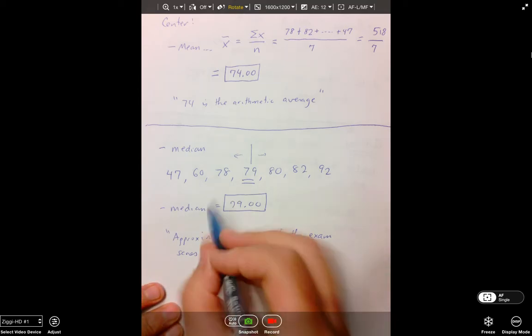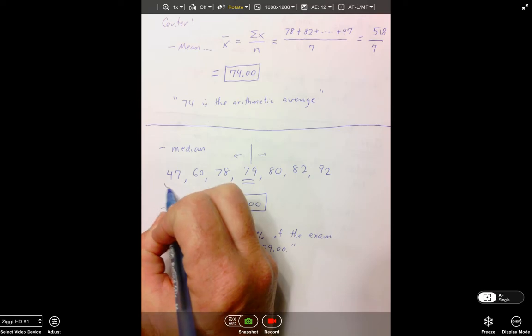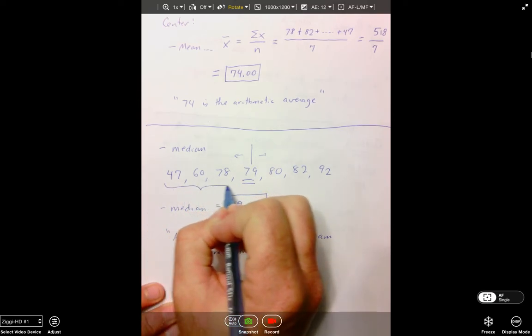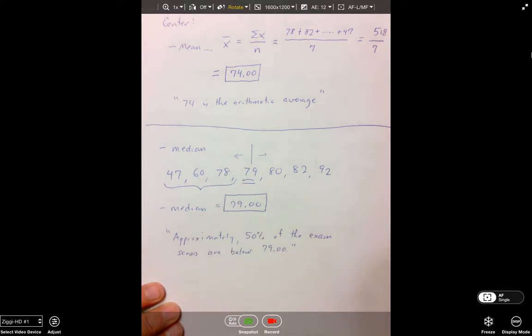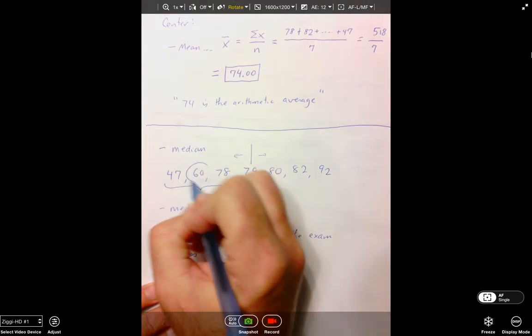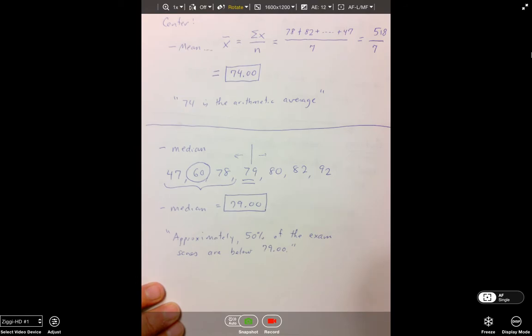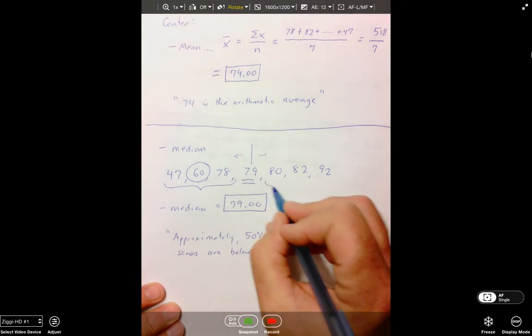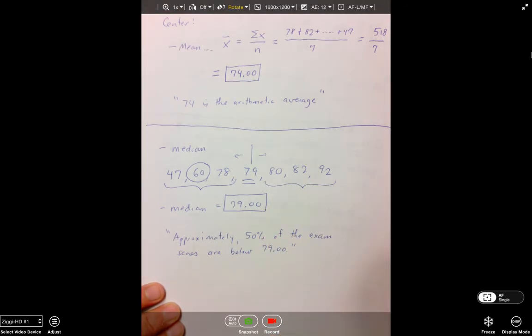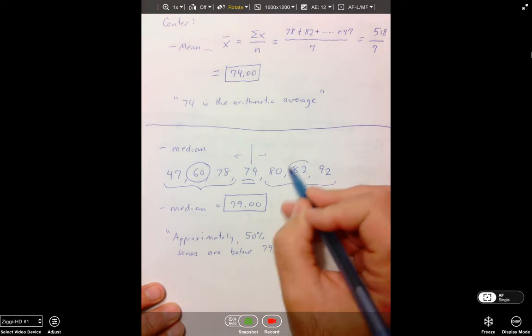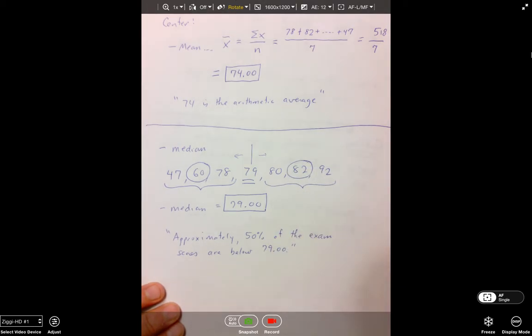We can see that for the data below the median, these three scores right here, 47, 60, and 78, the median of those scores would be equal to 60. For the data above 79, the median of those scores would be 82.